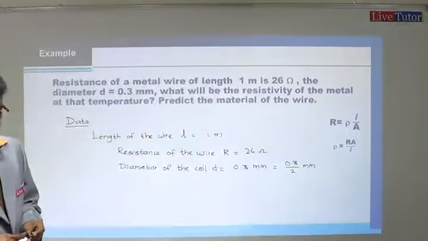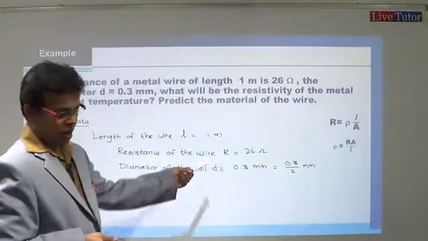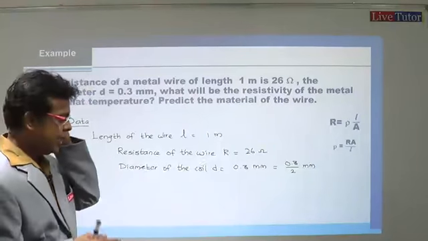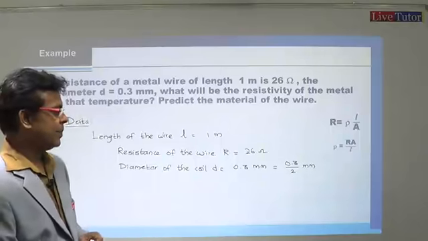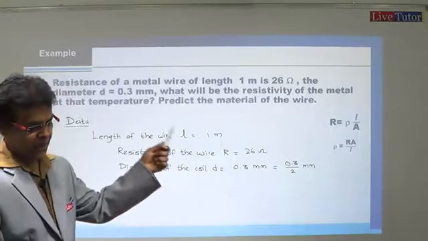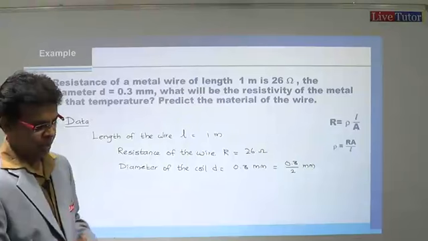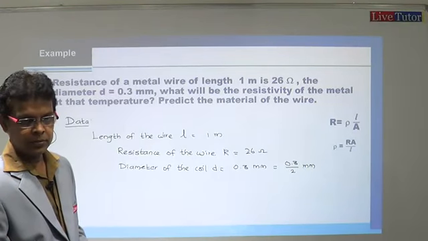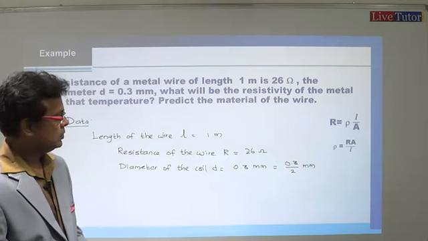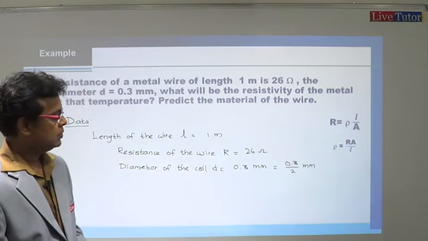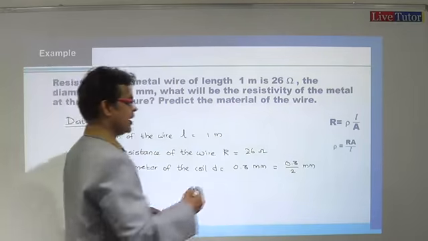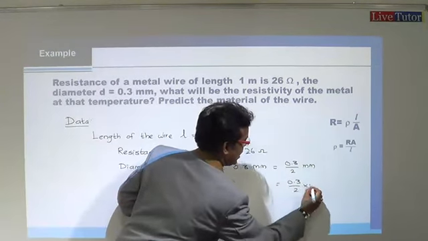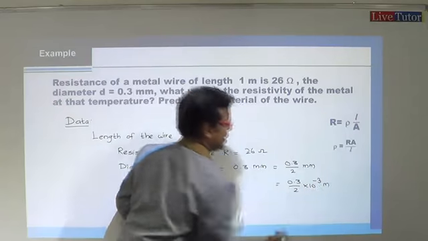Right? When it is given as millimeter, in what way we have to convert it into meter? As I said already, everything should be in terms of meter. So how will you convert millimeter into meter? Yeah, we can say it is 0.3 by 2 into 10 power minus 3 meter.